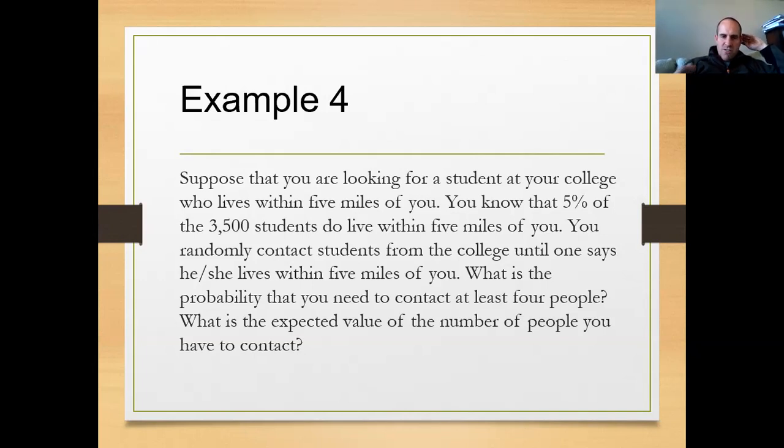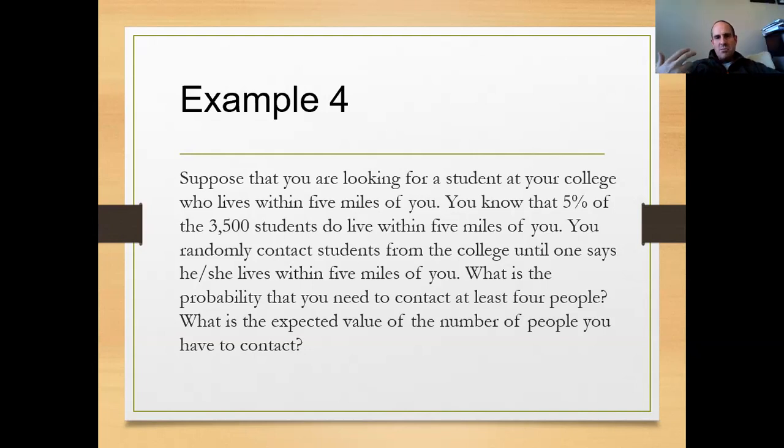Okay, so 3,500 students, and a 5% chance that you're going to stumble upon one that actually does live within 5 miles of you. And actually what's strange here is, because we don't keep track of who we've called, I could in theory have to keep calling forever.